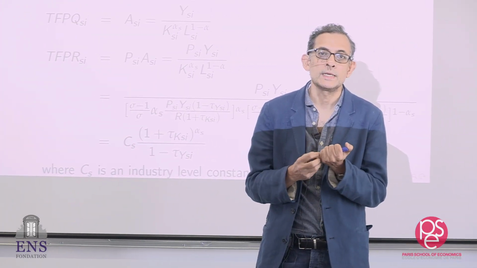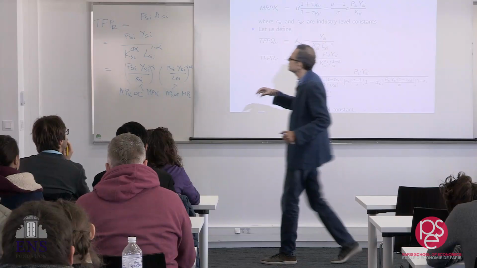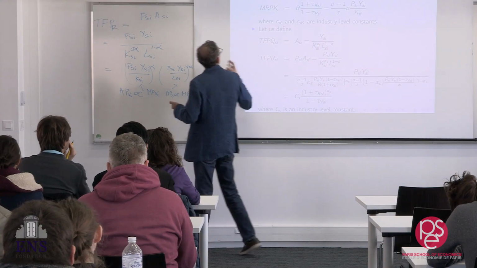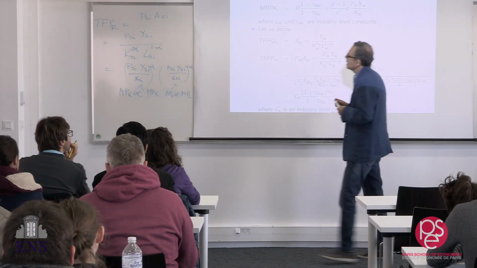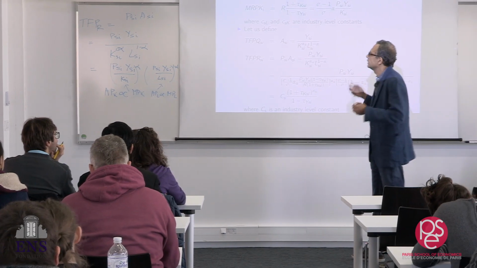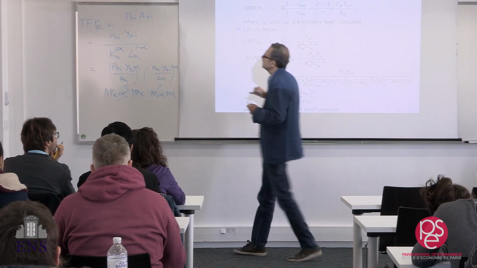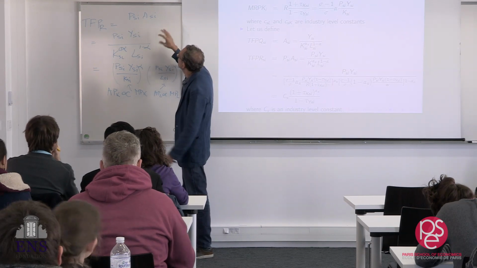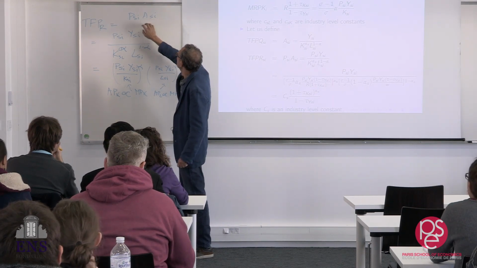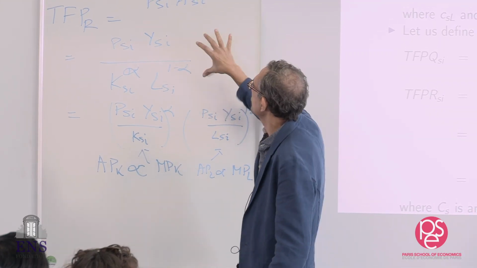You multiply the TFP, which is the productivity term in a production function, by the price of the good, and you get that.